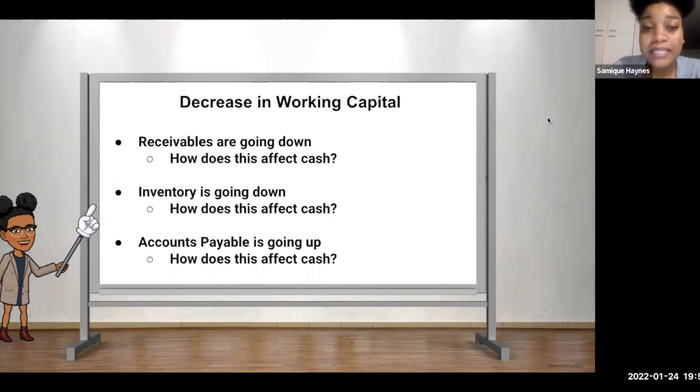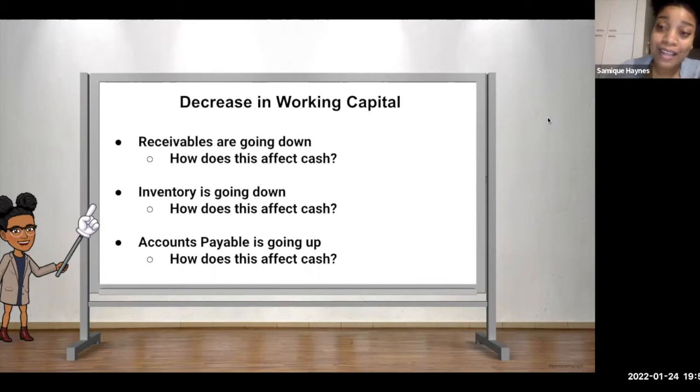If our business buys something and we don't pay in cash, we buy it on credit, then that's an accounts payable. We have to pay that, but we're not paying it right now. So the more accounts payable goes up, the more cash is free for us to use for other things.